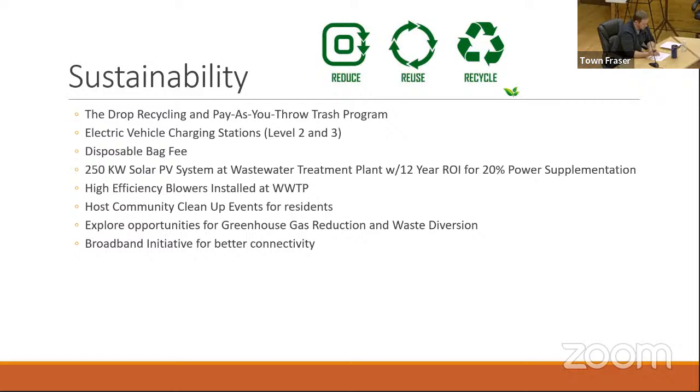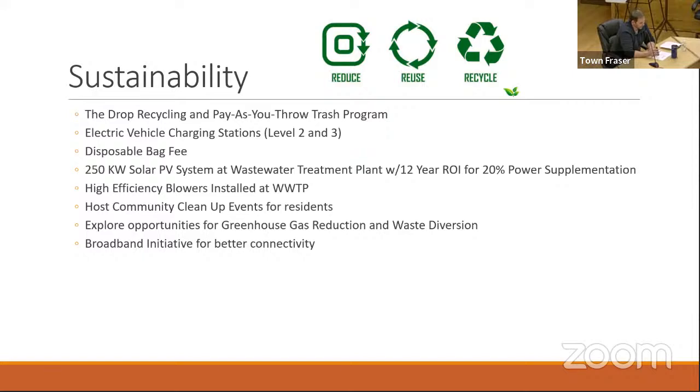Another great initiative that we're working on right now is installing a 250 kilowatt solar PV system at the wastewater treatment plant. You may see it from Highway 40, but it is quite the labyrinth underneath that main story. Very large facility. If you can imagine getting an electric bill in the mail from Mountain Parks Electric for $18,000, you may have a panic attack.